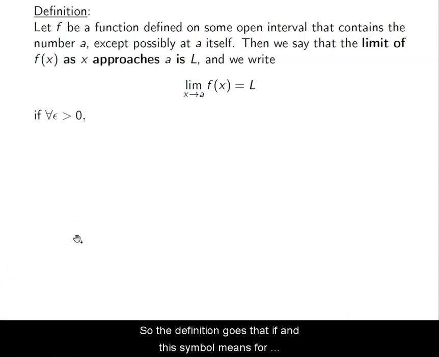All right. So the definition goes that if, and this symbol means for every, right?